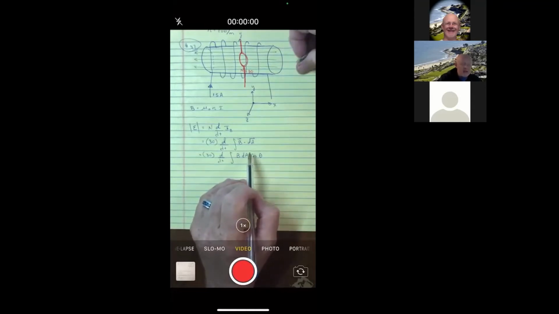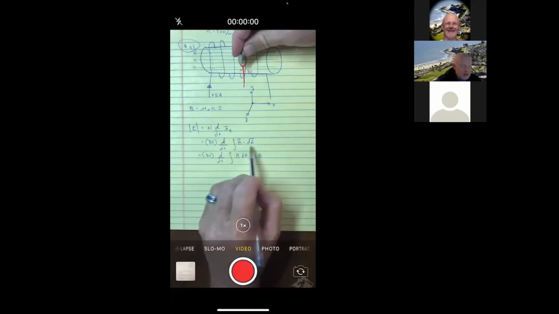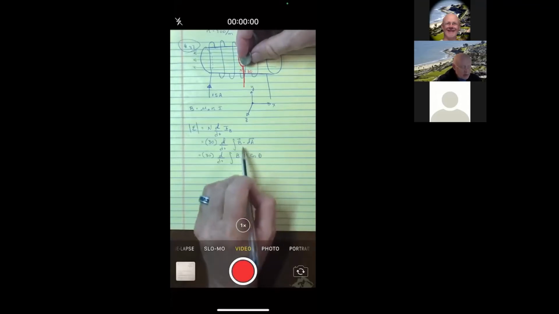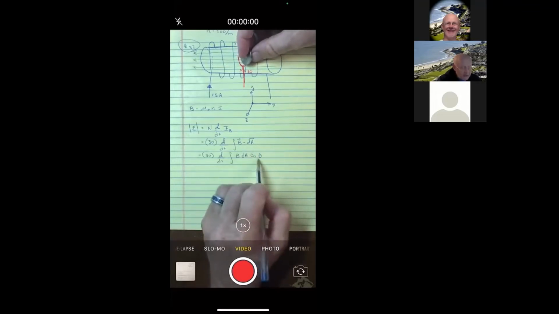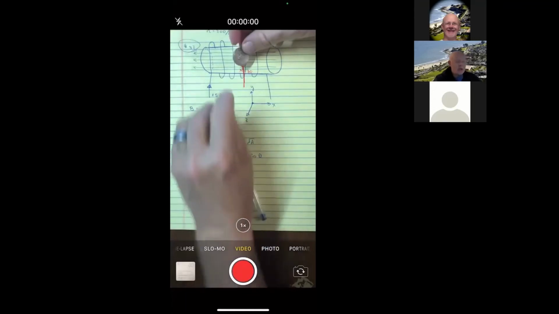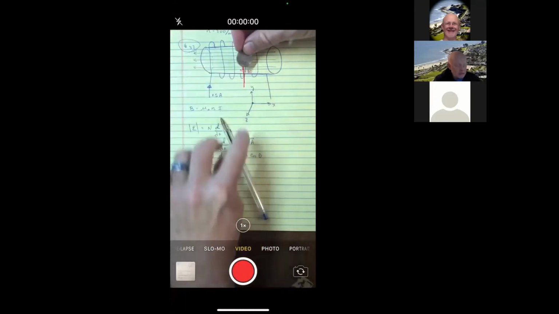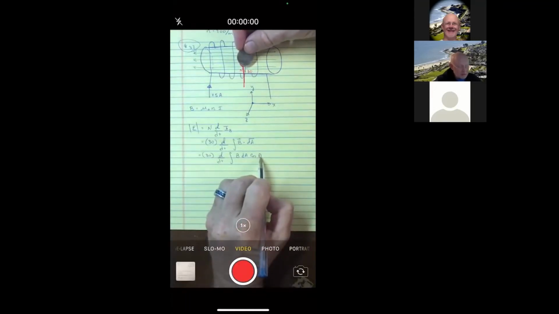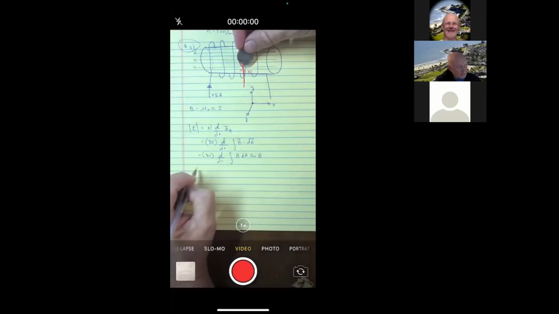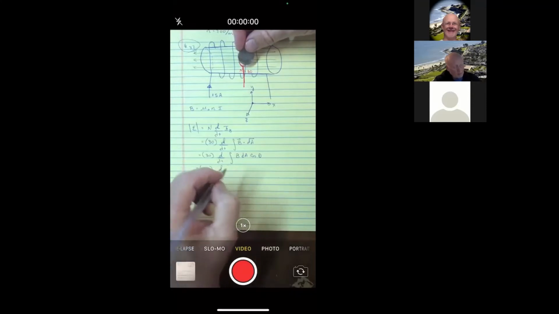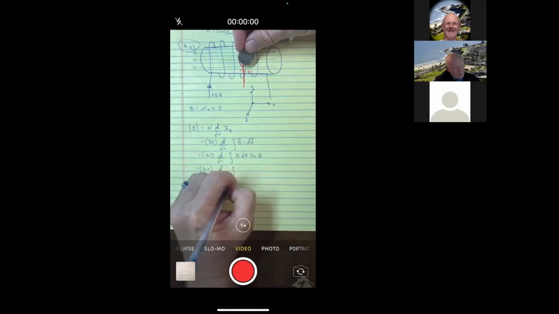But now with this thing spinning, the area vector is changing its direction. And so the angle between them keeps changing. So with this thing spinning, this has got to be a function of time. Now, we can write it as a function of time if we want.